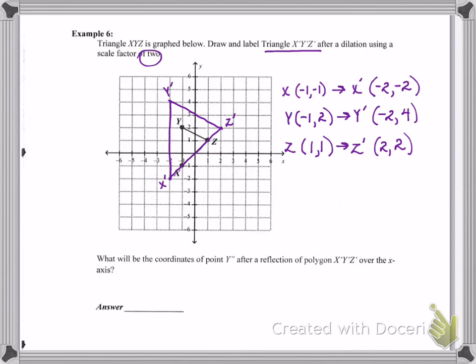And then it says, what will the coordinates of point Y be if after a reflection of the polygon, the image of X, the image of Y, the image of Z over the x-axis?